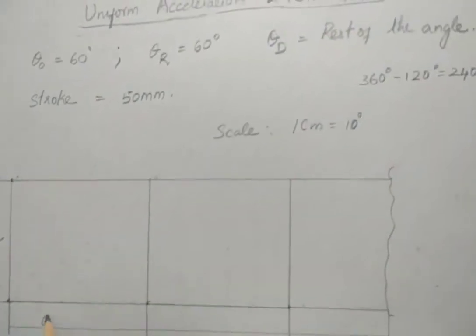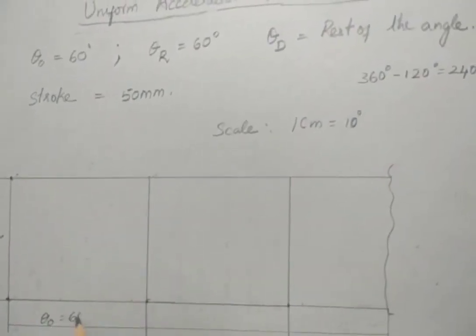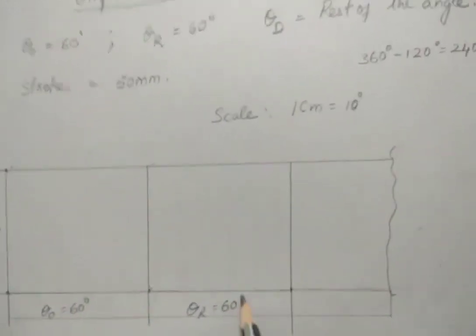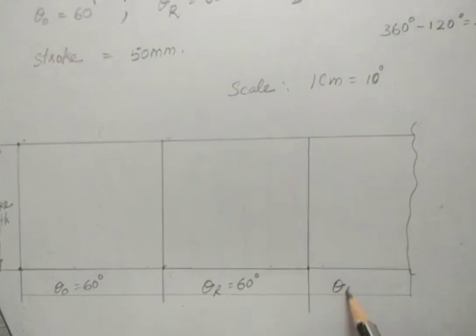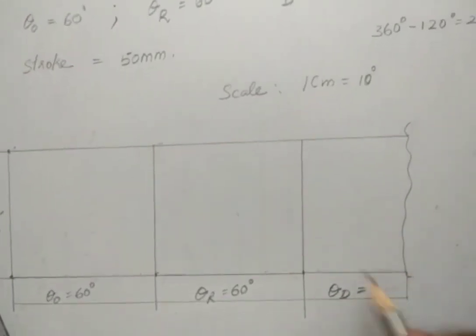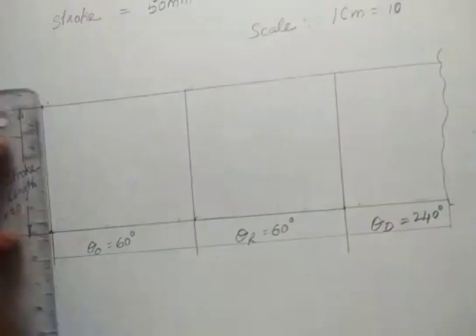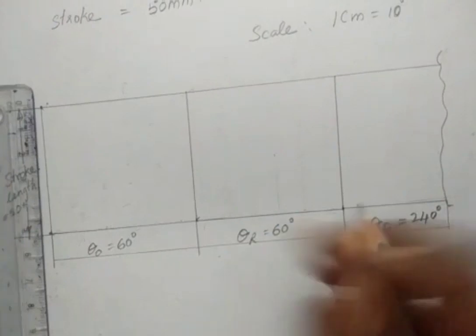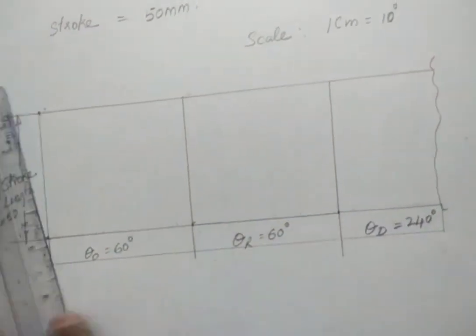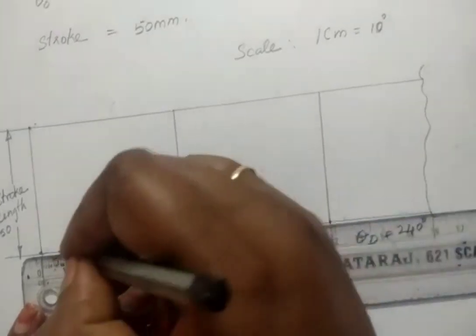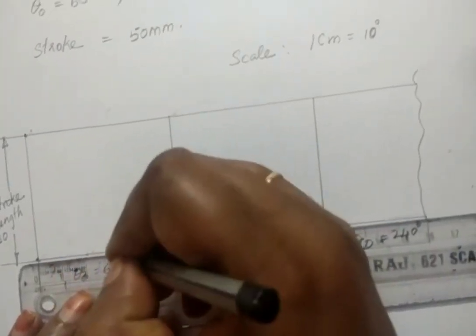So theta O is 60 degrees, theta R is 60 degrees, and theta D is the remaining 240 degrees. Now the construction differs. Till now whatever I have done is similar to uniform velocity. Now you make 6 equal parts.